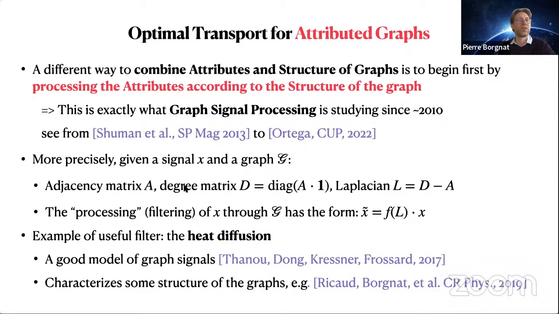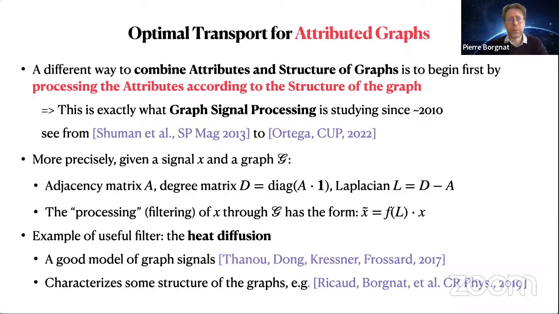More precisely, if you introduce the adjacency matrix, the degree matrix, the Laplacian, here the combinatorial Laplacian, the degree matrix minus the adjacency matrix, the processing can be, for instance, some function of the Laplacian applied to the attributes.